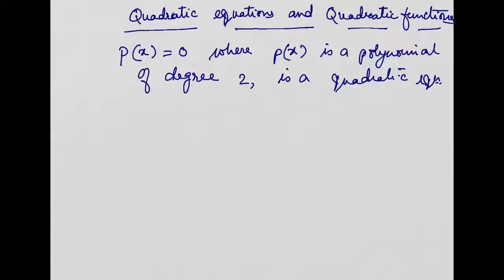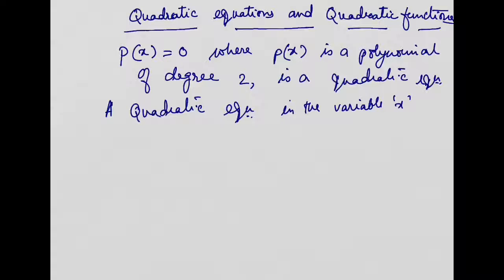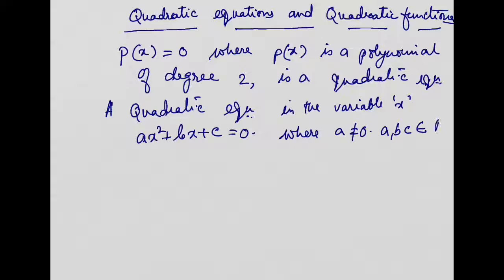Now, a quadratic equation in the variable x can be expressed as ax squared plus bx plus c equals 0, where a cannot be 0 and a, b, c belong to the real numbers, that is, real constants.